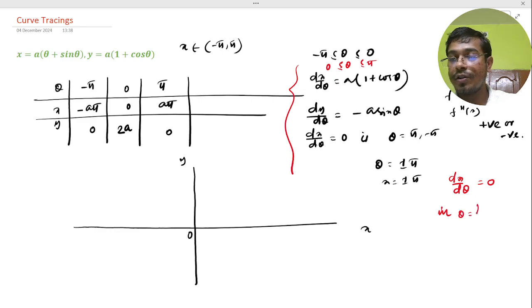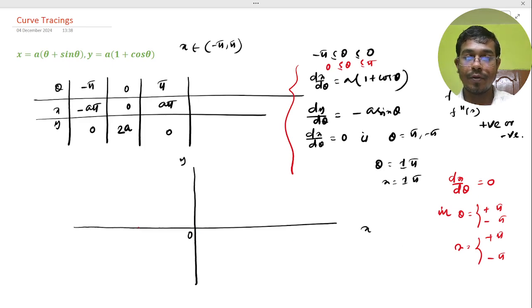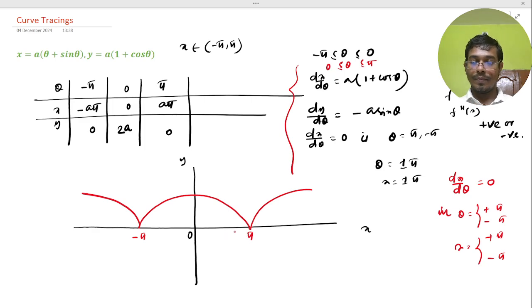For theta equal to plus or minus pi, the value of x is plus or minus a pi, and the curve starts from minus a pi, 0, with a equal to 1, and moves right and upward to 0, 2a.